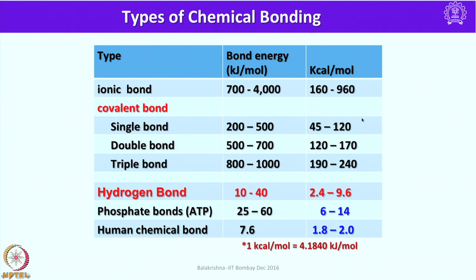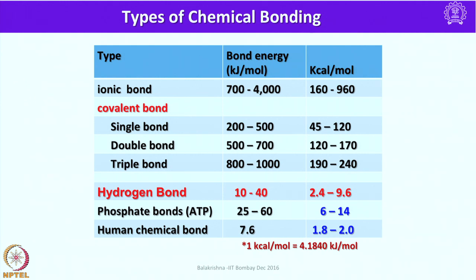Essentially 1 kilocalorie per mole is equal to 4.184 kilojoules per mole. I repeat again, 1 kilocalorie per mole is equal to 4.184 kilojoules per mole. So, you can always use that for conversion. Single bonds will have energy anywhere between 200 to 500 kilojoules per mole, whereas double bonds will have anywhere between 500 to 700, and triple bonds have energy between 800 to 1000 kilojoules per mole.